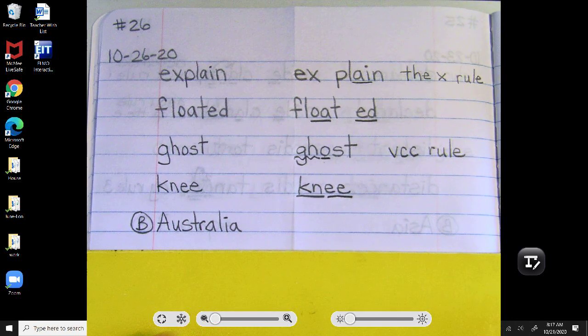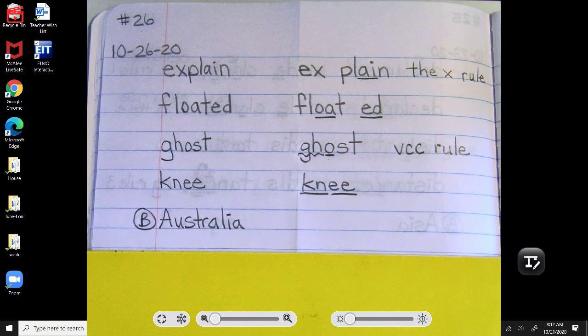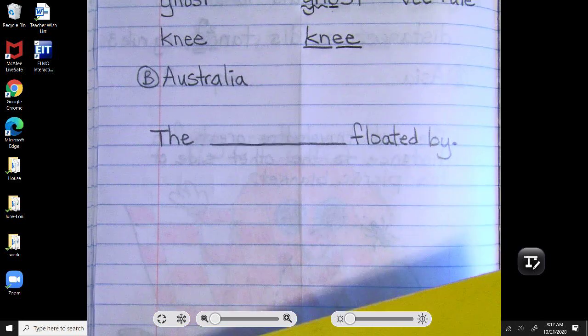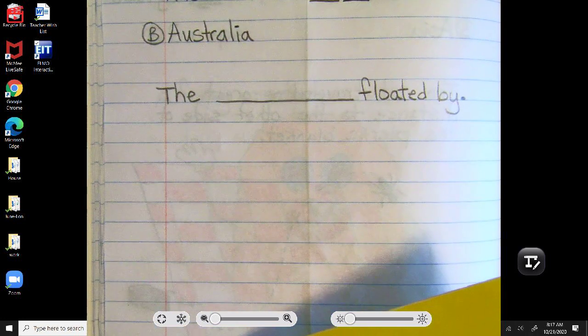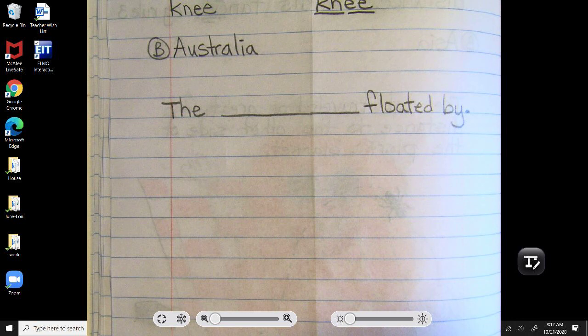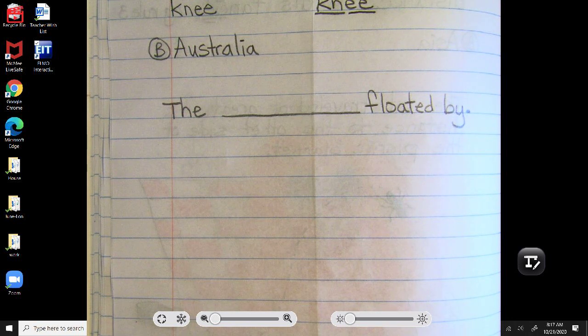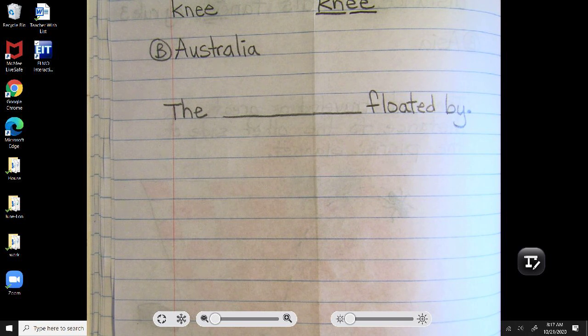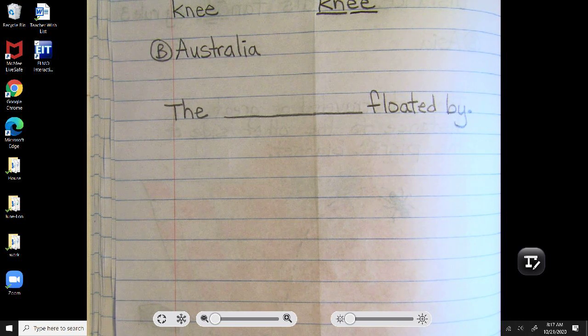Good. If you'd like to, scholars, the optional enrichment on the bottom part, if you'd like to show some creativity, you could answer this sentence starter, the blank floated by. So what floated by? And lots of options of what could float by.